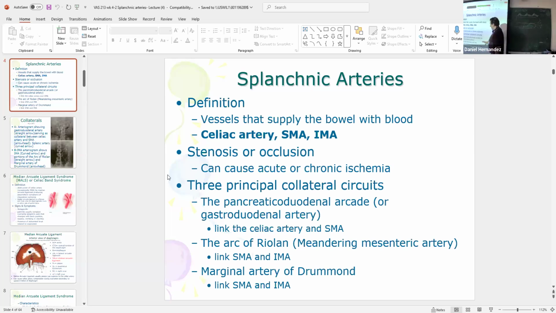And then those SMA territories were linked to the IMA territories via those collateral pathways. So basically celiac was supplying everything, it's what's supporting her right now. And every time she mentions all these digestive problems, they give her Tums and Pepcid, which are not going to do anything, unfortunately.